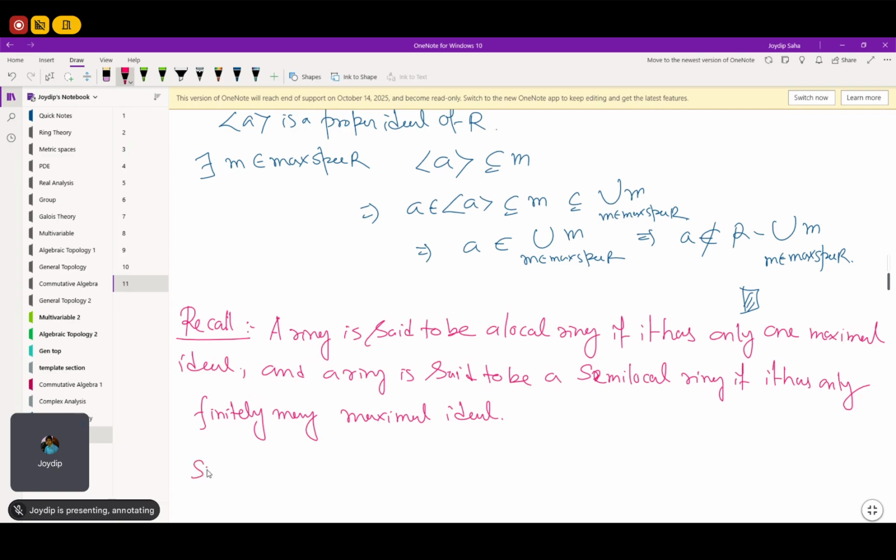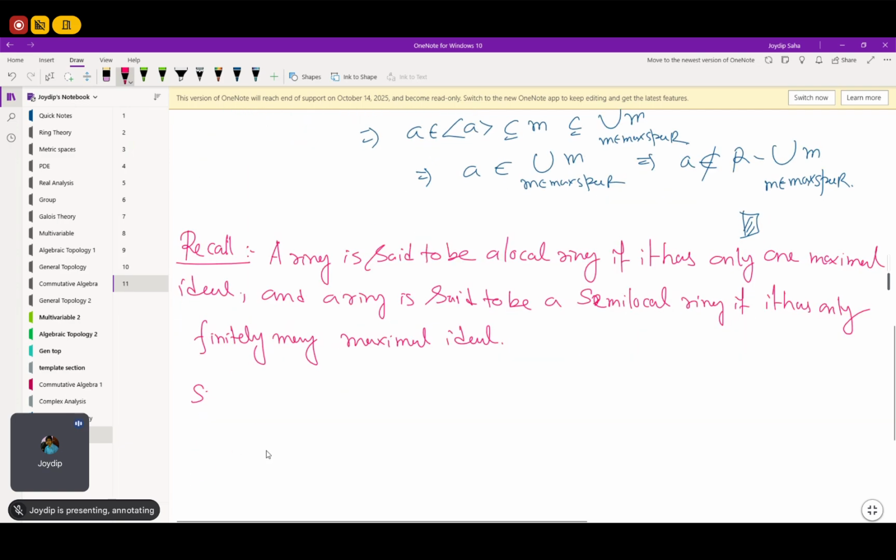So in a local ring, there is only one maximal ideal.